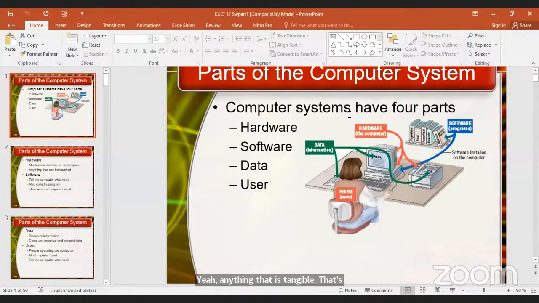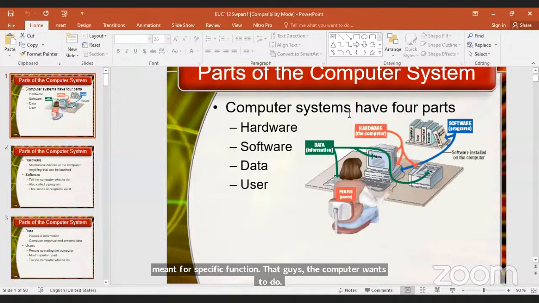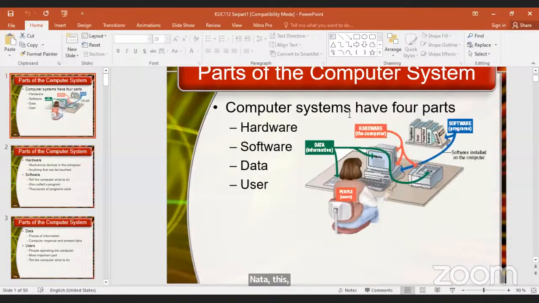Then software is the piece of instructions meant for a specific function that guides a computer what to do. Data is pieces or chunks of files stored in the computer system to be processed. When you process data, you get information.